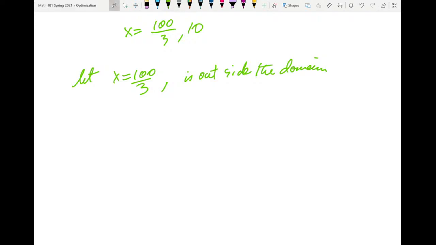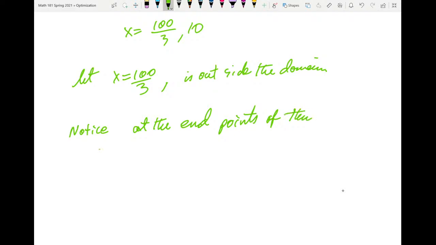Here's another way. Let me write it down. Notice at the endpoints of the interval, it needs to be in that, and 100 over 3 is outside that.